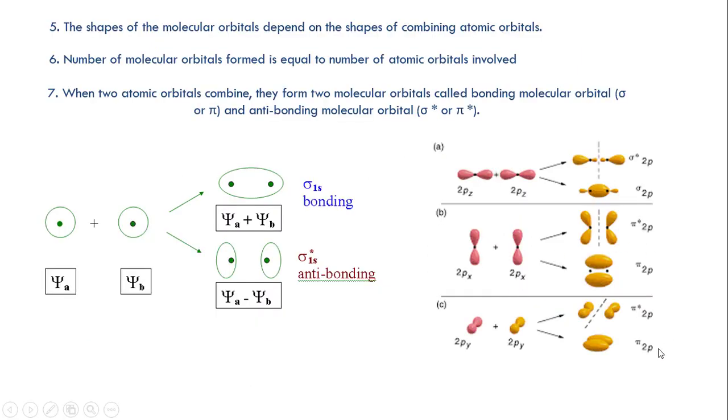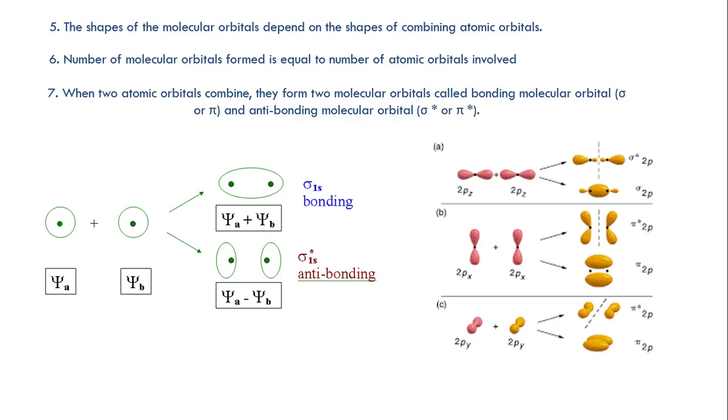So we have to remember that when the two lobes of the p orbital are involved, we have to consider it a pi orbital. The combination will be the pi bonding molecular orbital, and subtraction will give the pi star anti-bonding molecular orbital. So two types of molecular orbitals form here.